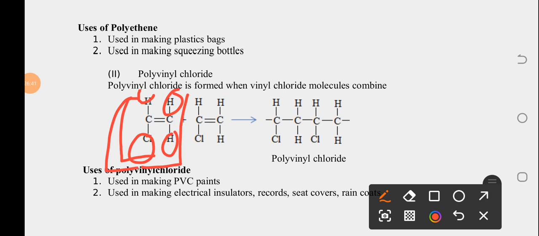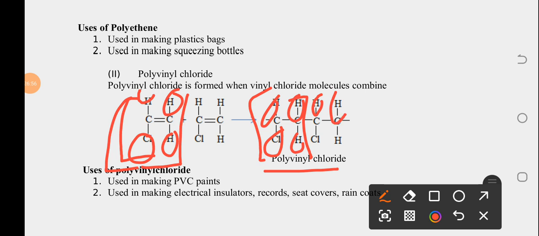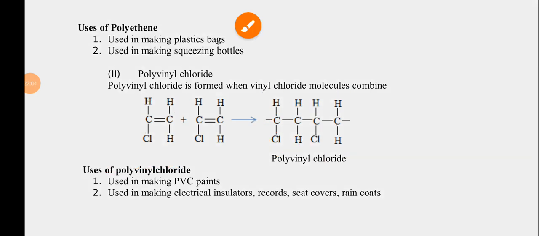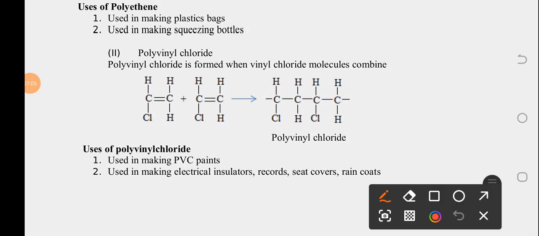If you go to our polymer, we can see that we've got this H and this H, this Cl and this Cl. So this is the repeating unit. If you consider the second one, you see that it is just one and the same. This H and this H, then this Cl and this Cl is just the same. So the repeating unit which is right over here is this one.